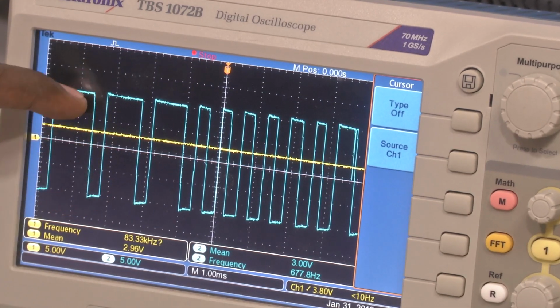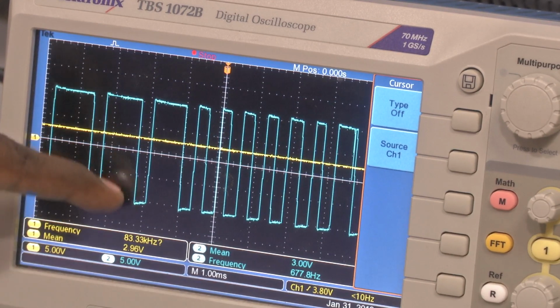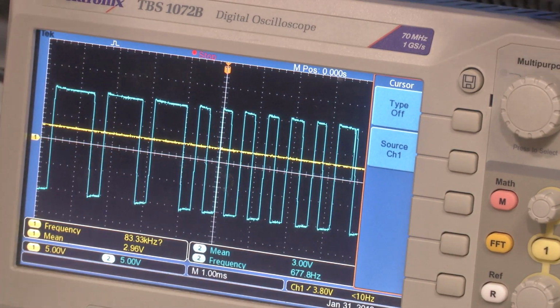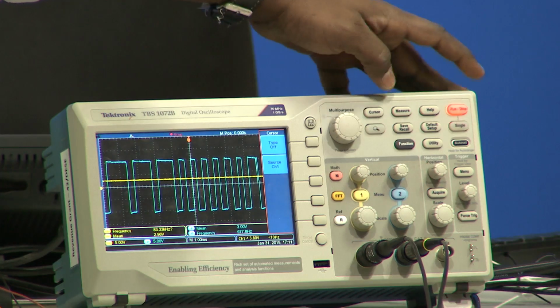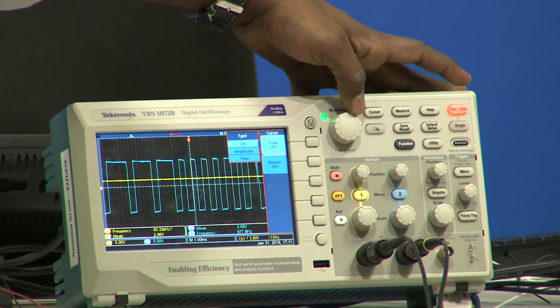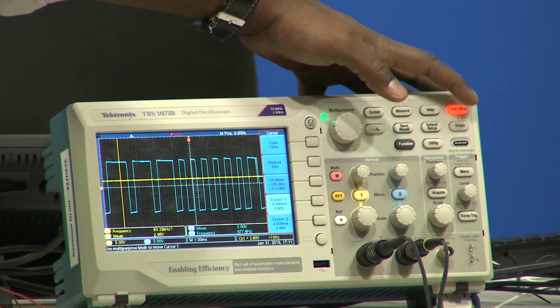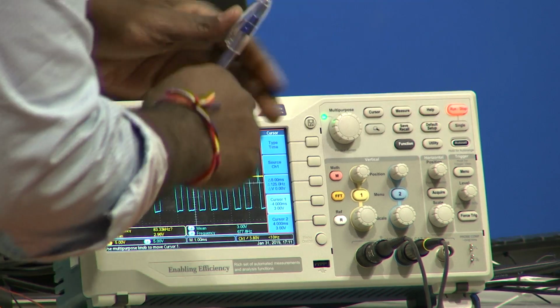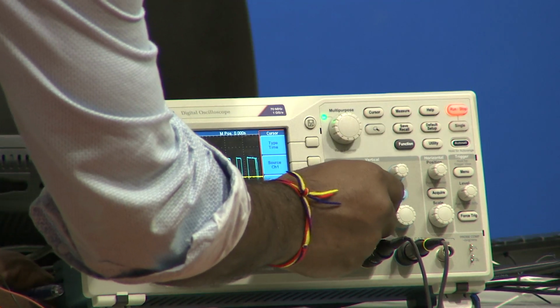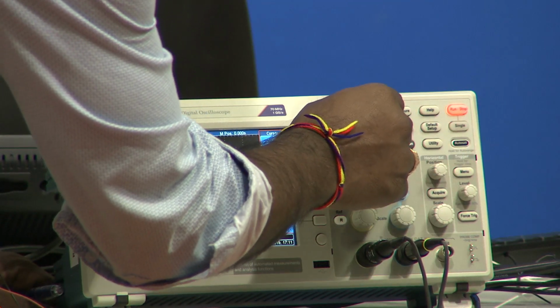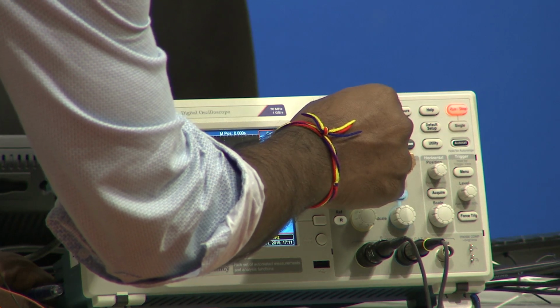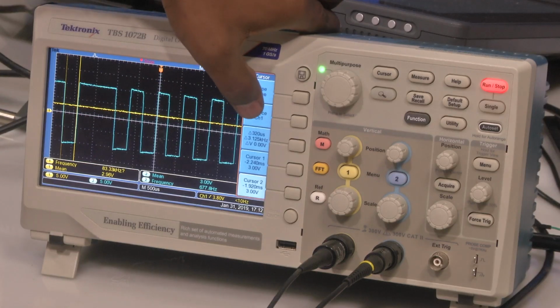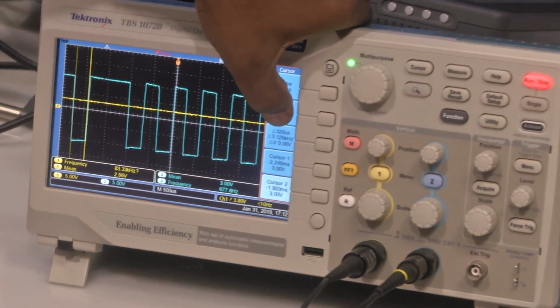This is the unstable state, where it depends upon the discharging time. When we create a cursor and have a look at this, we have designed for 280 microseconds. Let us see whether we are getting 280 microseconds or not. If you observe here, we are getting somewhere around 320 microseconds.